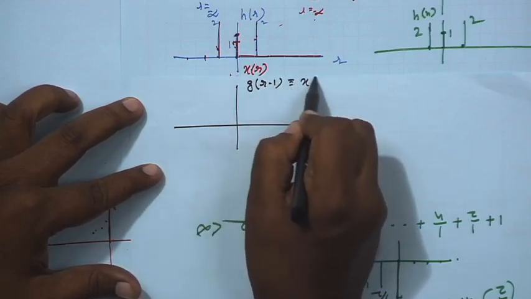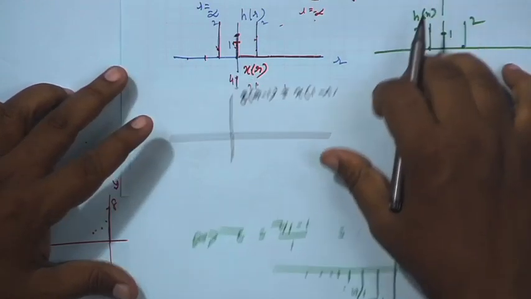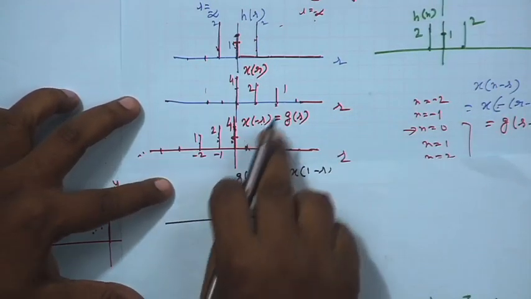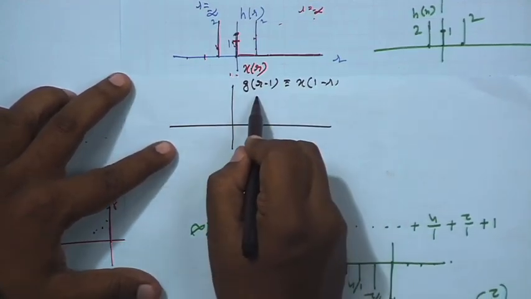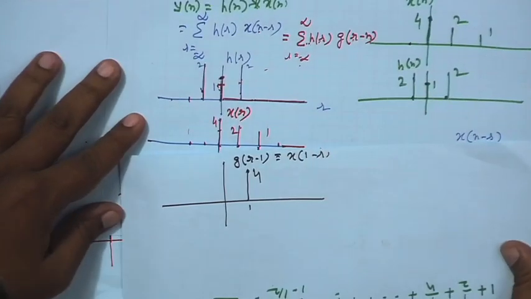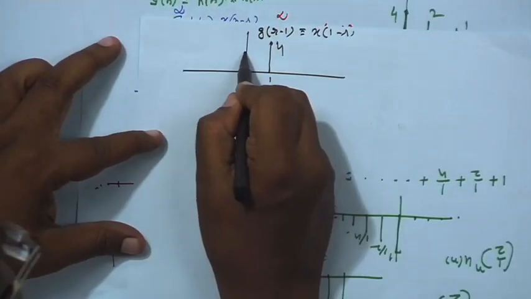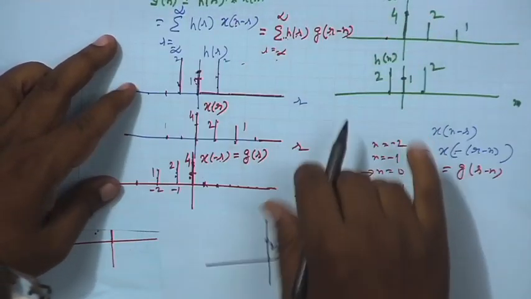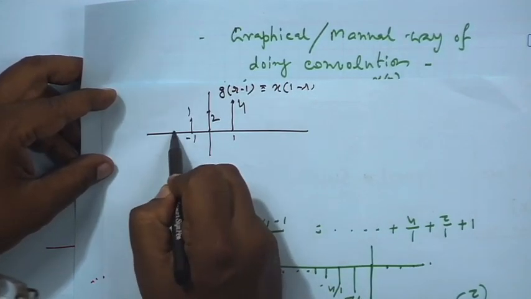Which is equivalent to x of 1 minus r, 1 is n. So, this will be g r shifted by 1. So, 4 will go to 1, here the value will be 4 at point number 1, then 2 will go to 0, and 1 will go from minus 2 to minus 1, and then zeros.